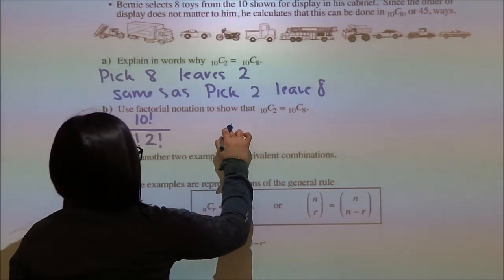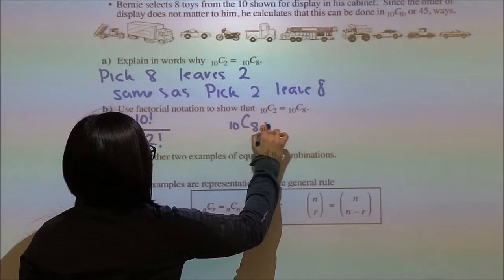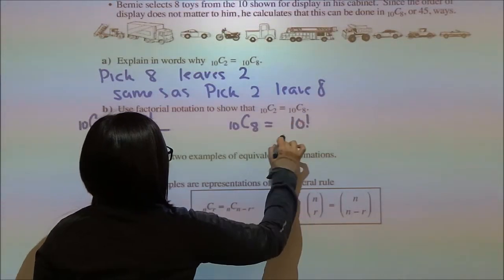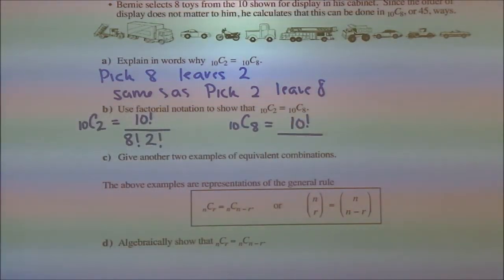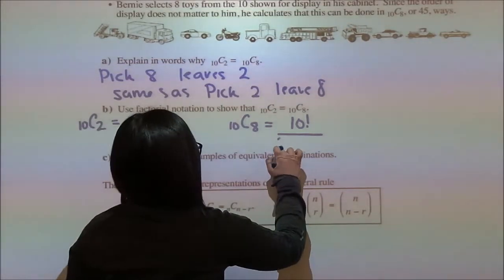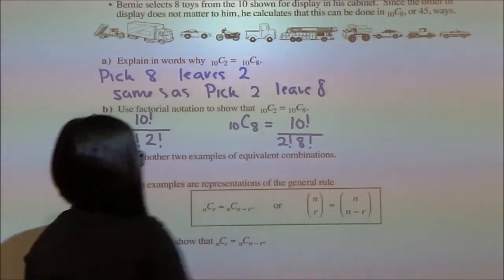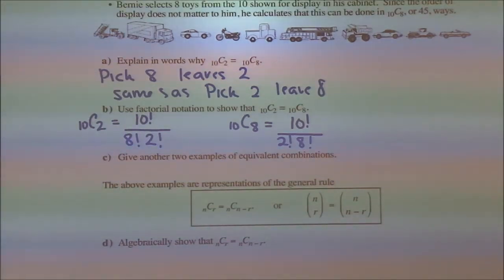And now if we do 10C8, it's n factorial, which is 10 factorial, over 10 minus 8, times r factorial, which is 8. And order doesn't matter when I'm multiplying them. 2 times 8 is the same as 8 times 2.